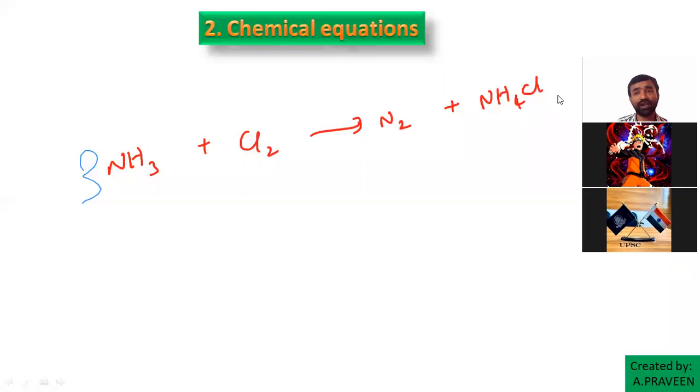Then what about the other disturbed atoms? Okay, 4 is taken, 4 plus 4. Again changing to 3, 3 plus 2, 5. The nitrogen count is different. Right? So is it confusing or not?